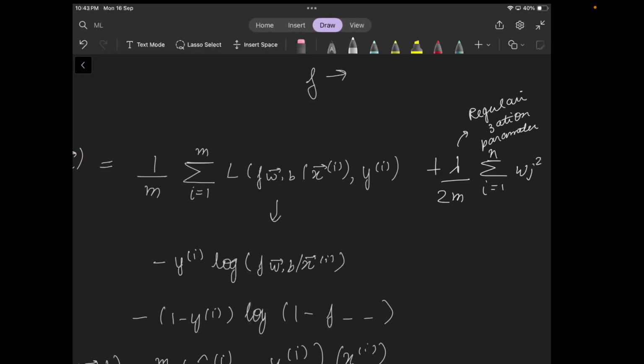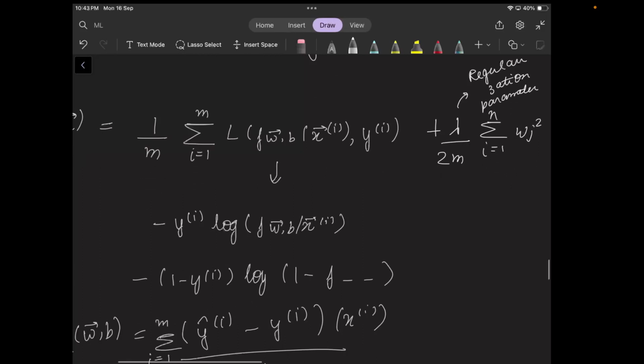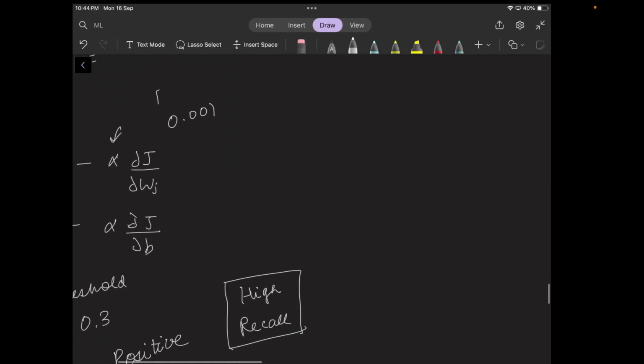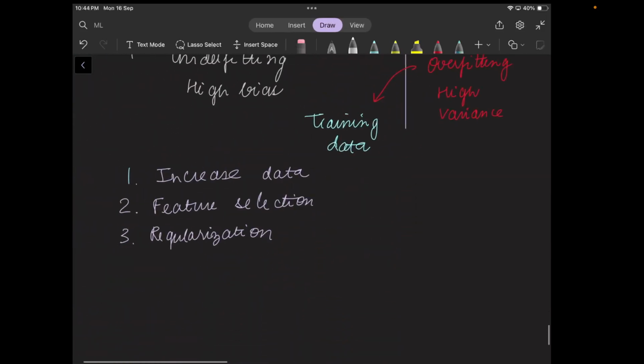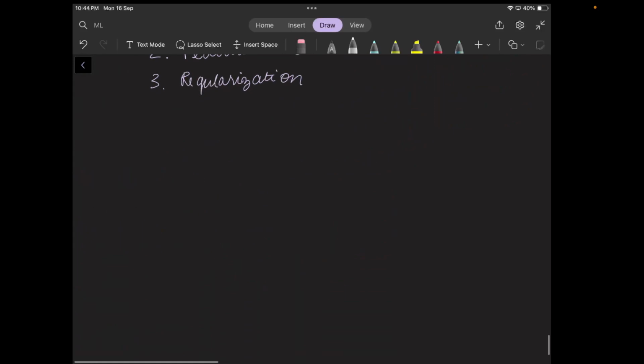How do we select lambda? We would come to that later. Regularization matlab? Yes, so I haven't yet defined what regularization is. So we have, let's say, two features, x1 and x2, and we would have weights w1 and w2. So let's say this is our model.